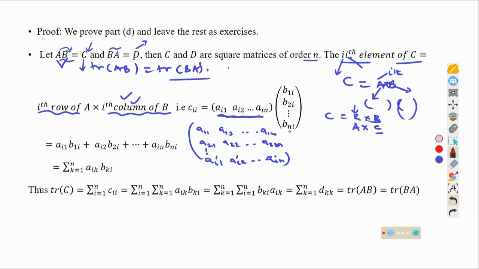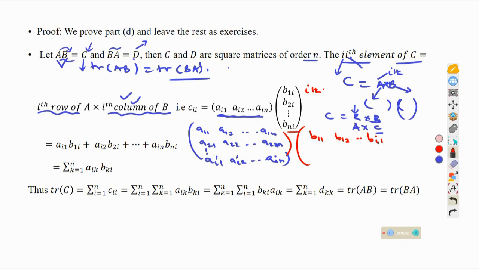The same applies to B, that is the ith column of B. So remember, you have B11, B12, then I create Bi somewhere there. So this is Bi1.